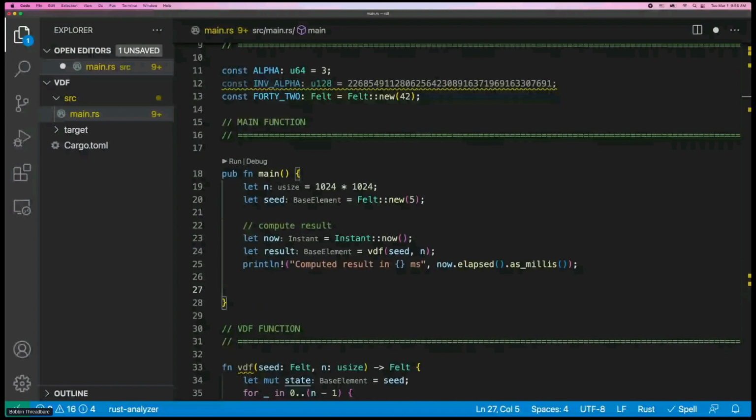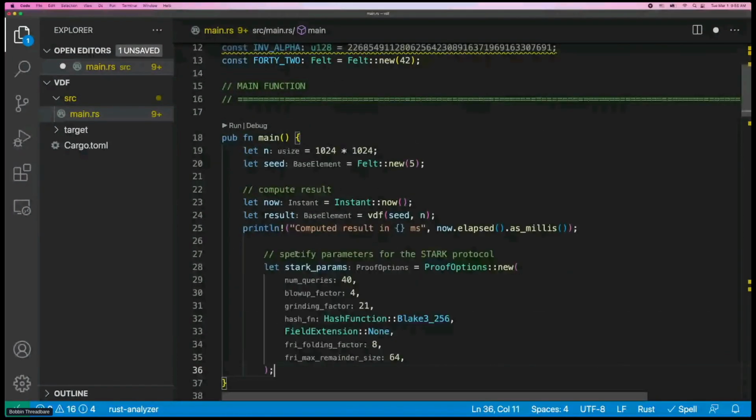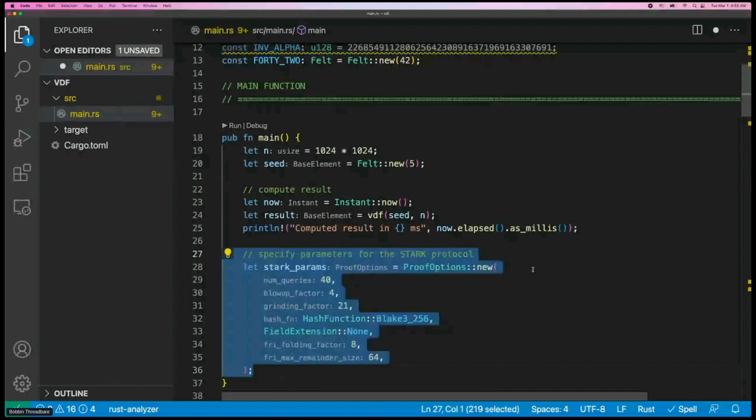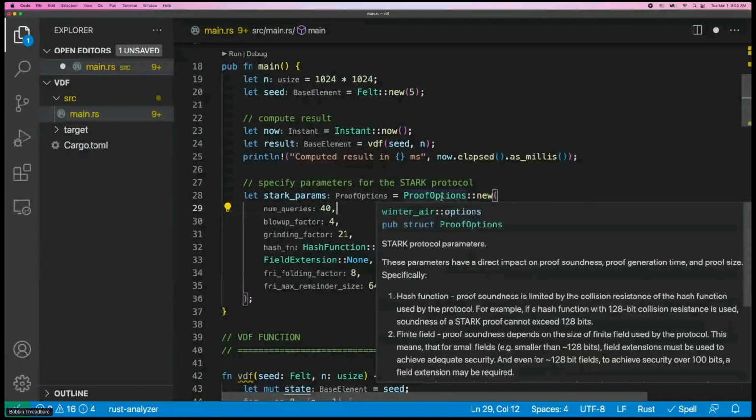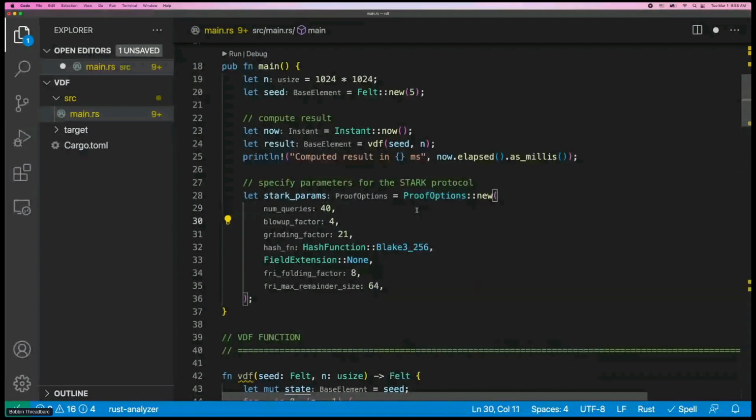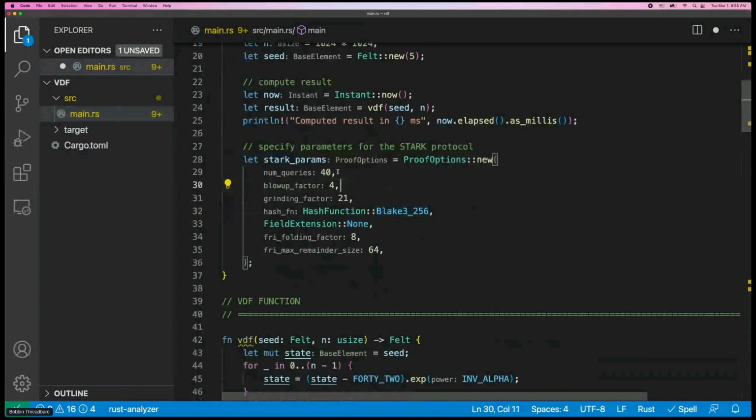The next thing we need to do is define the parameters for our STARK proof. So this is the options object that I've been passing everywhere. In here, there are a few things that we need to specify. I don't think I'll have the time to go into all of them, but there is documentation here that describes all the parameters and their meanings. Basically, we have the number of queries that determine the security level.